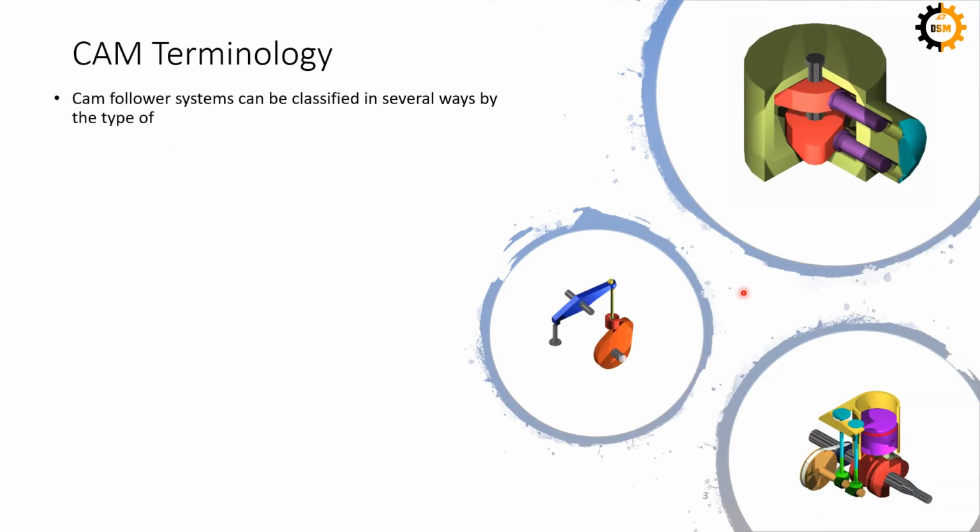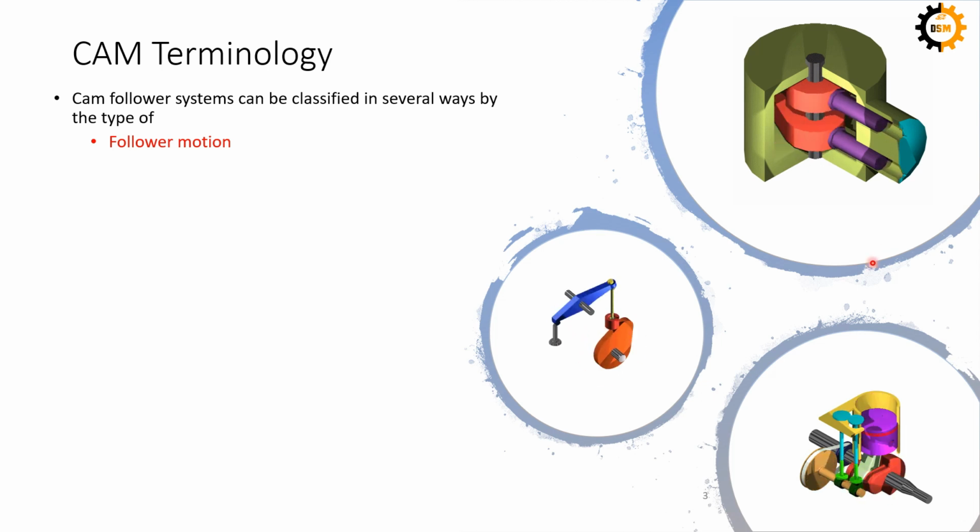So once you are aware about cam and follower and you are able to identify it, the cam follower mechanisms can be classified into several ways depending on, for example, the follower motion.